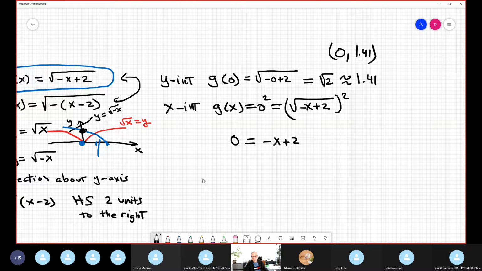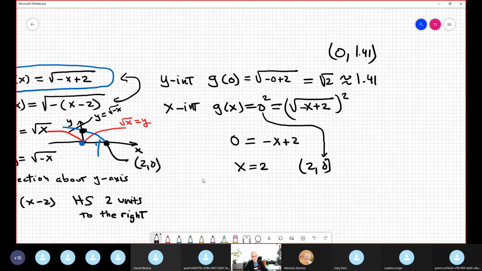So for x, it's obvious, you move x to the left, x equals 2. This point is 2, 0. Remember x is 2, and these come from enforcing the condition that y is 0. Okay, so we have 2 points, this and this, boom, boom. In this case, it's only 2 points.